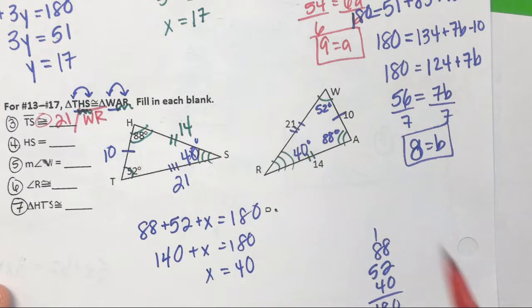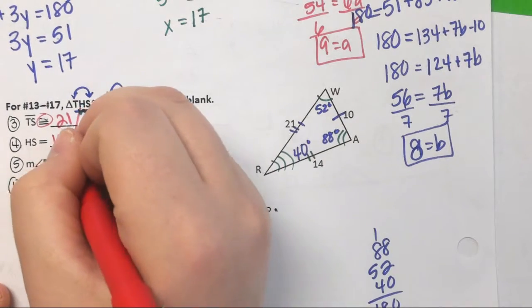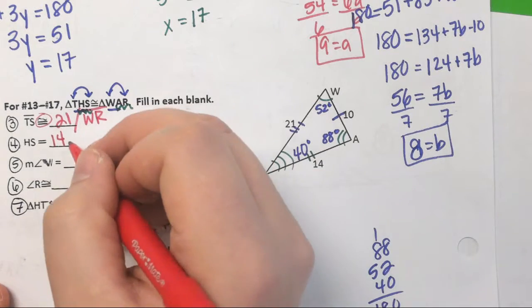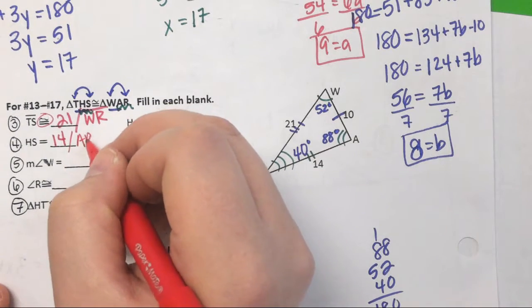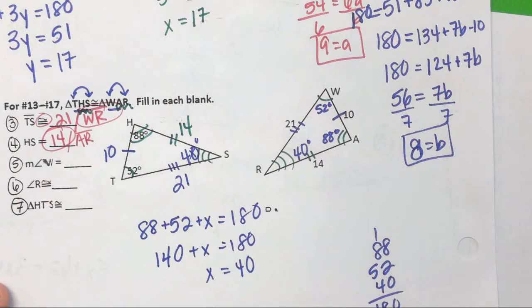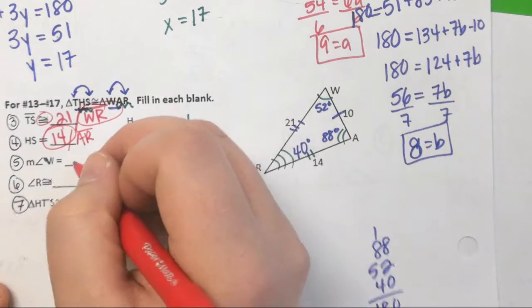So HS is 14. And then you know it goes with AR. But they're actually wanting that one and wanting that one if we're being real picky. And we're not being that today. Okay, what number is inside angle W? 52.